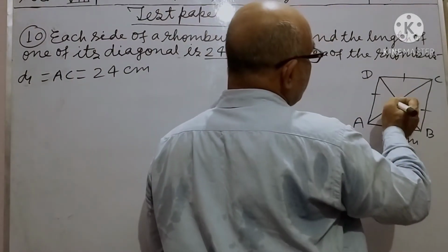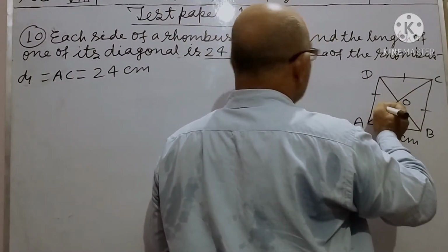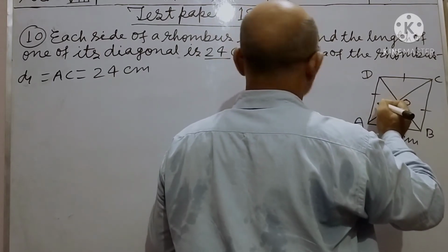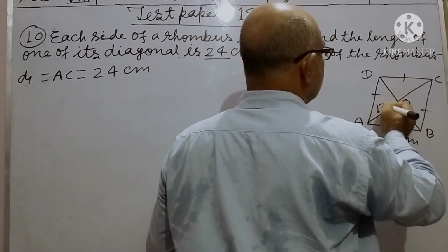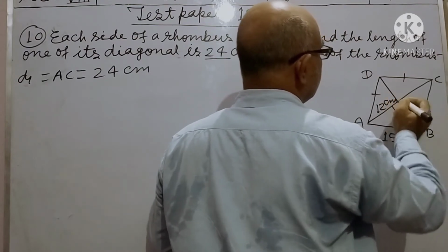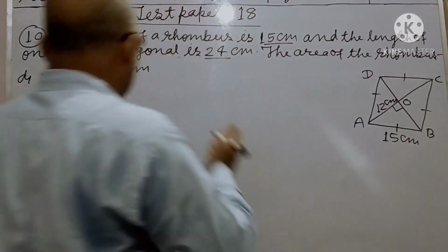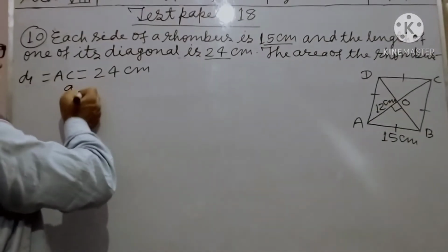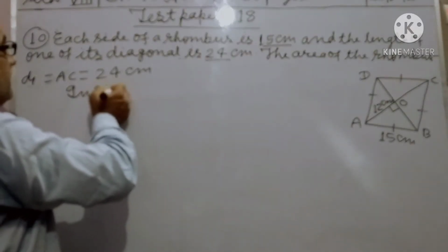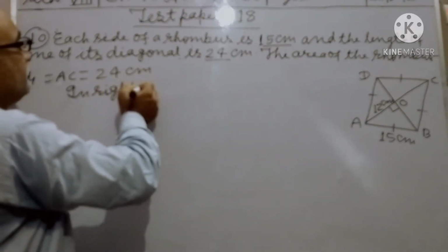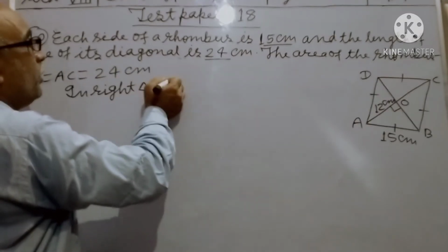Diagonals bisect each other, so OA is 12 cm. So find OB in right triangle AOB.